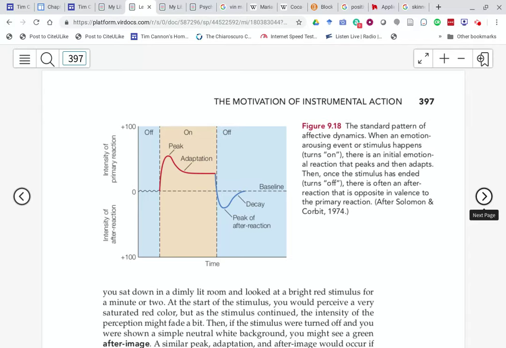Then you turn the stimulus off, and you get a mirror image, not as big, but a negative reaction after, not a withdrawal classically, but some people would call that a bit like a withdrawal reaction. So there's the first time you're exposed to the drug.